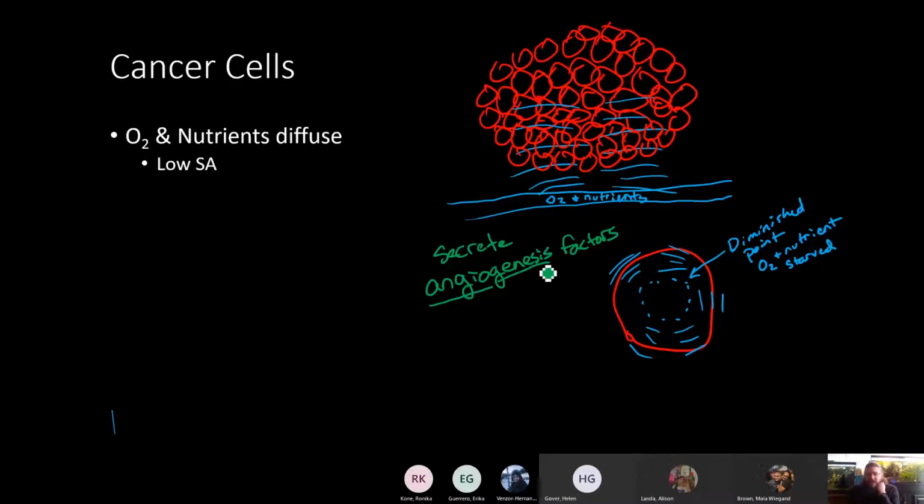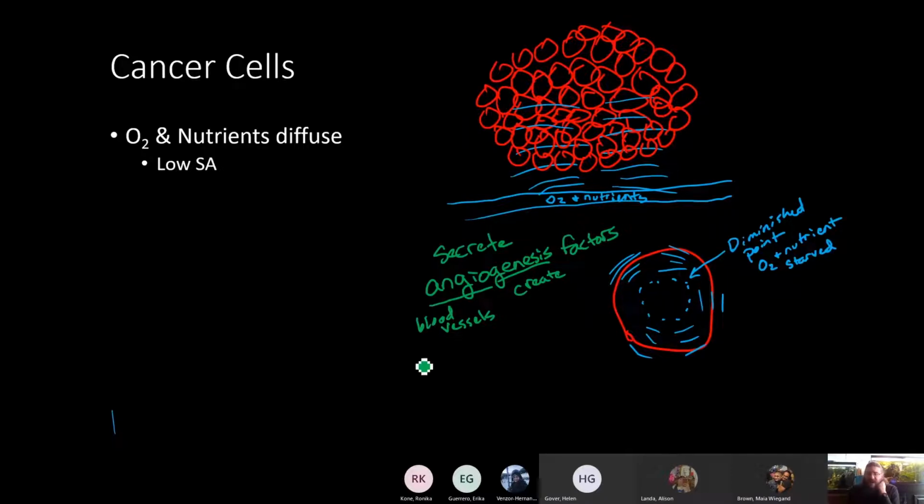So angiogenesis factors create new blood vessels.